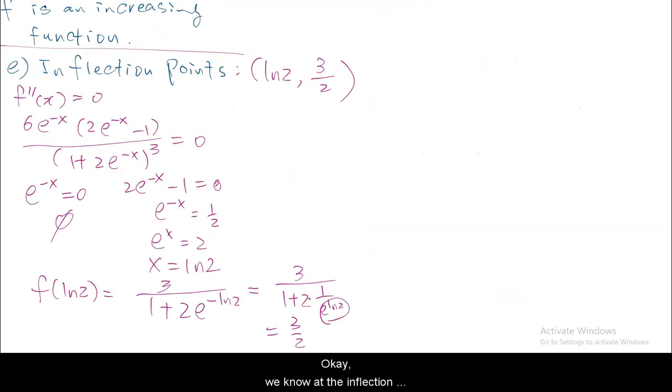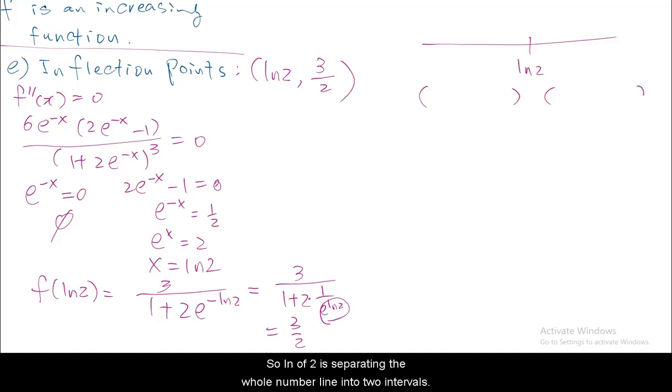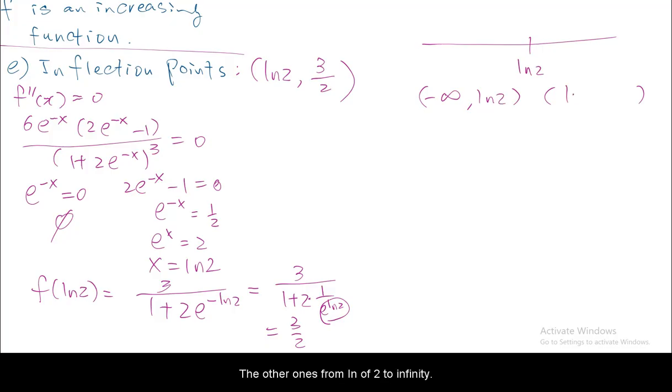Okay, we know at the inflection point, the graph changes from concave upward to concave downward, or the other way around. So let's see which side is concave upward and which side is concave downward. So ln of 2 is separating the whole number line into 2 intervals. One is from negative infinity to ln of 2. The other one is from ln of 2 to infinity.